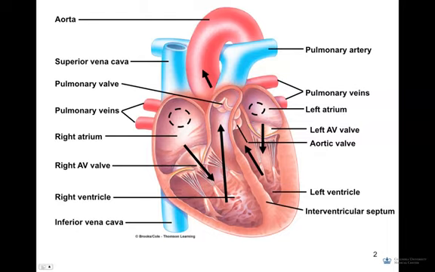Blood moves from the pulmonary veins into the left atrium, and then from the left atrium through the left AV valve into the left ventricle. From the left ventricle, the blood then moves past the aortic valve and into the aorta and the aortic arch. So this is the path that blood takes as it moves through the heart.